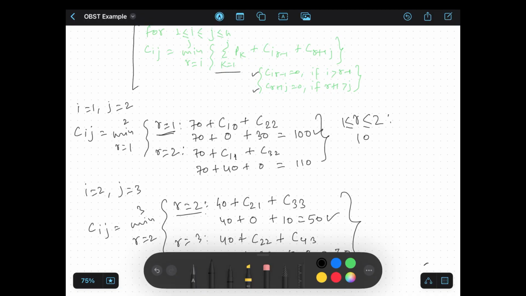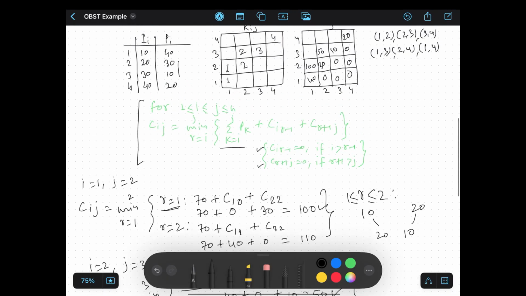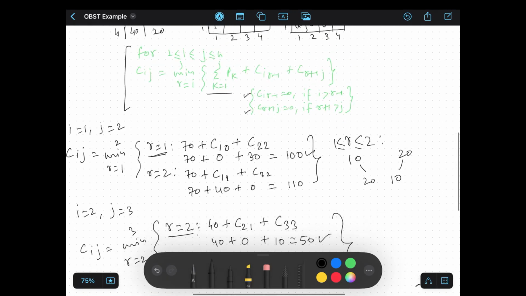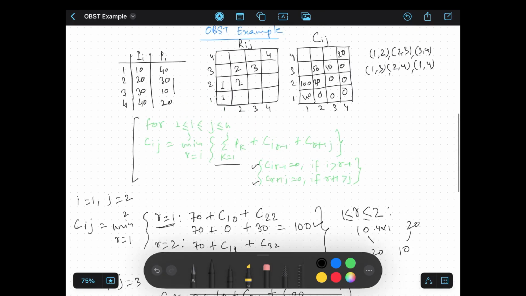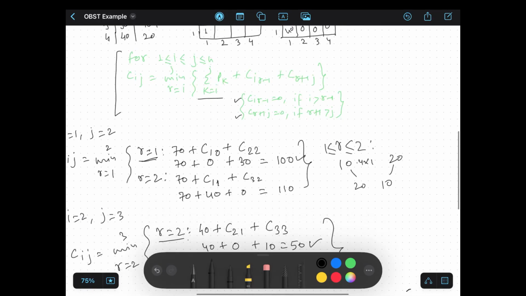So it could be like this, or it could be like this. Now what will be the cost? Frequency of 10 is 40, so 0.4 into search time 1, and frequency of 20 is 30, which is 0.3 into cost 2.